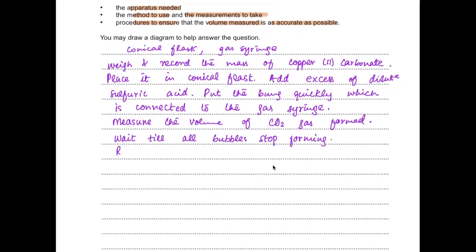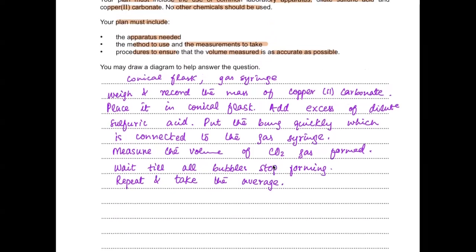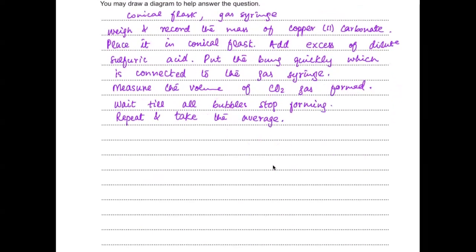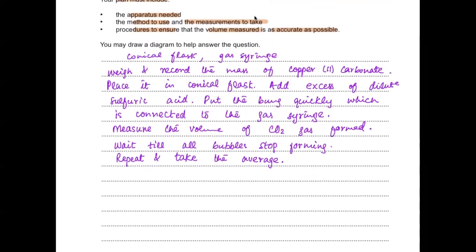And further, you repeat and take the average to make the results more precise and accurate. Is this clear to all of you? Any confusion so far? So here we have ended the paper. If you see, these papers are easy and it's a scoring paper.